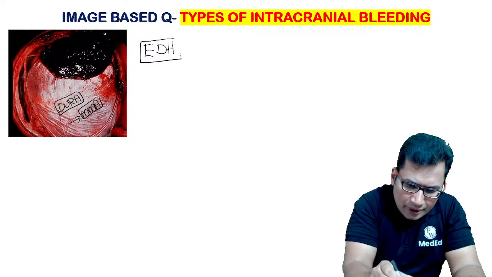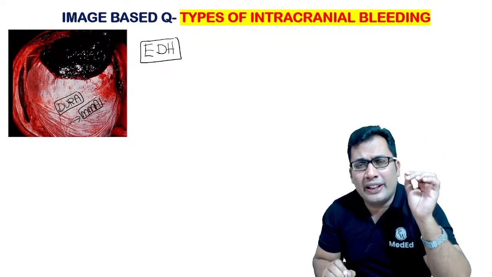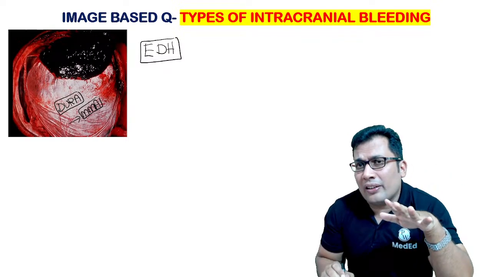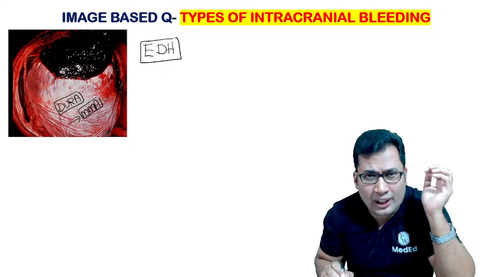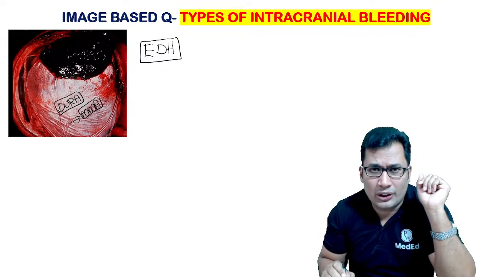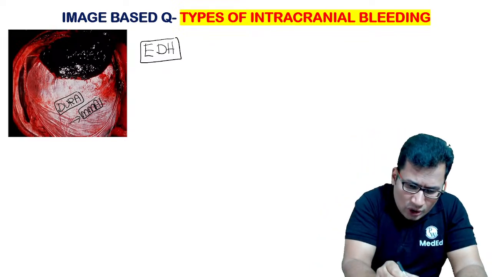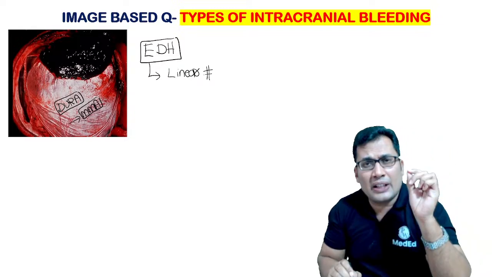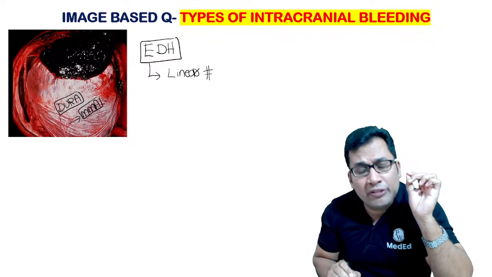EDH. Remember, EDH is usually unilateral, it is limited by suture line. This can be asked in your exam. It is commonly associated with linear fracture of the skull. Linear fracture is also known as fissure fracture.